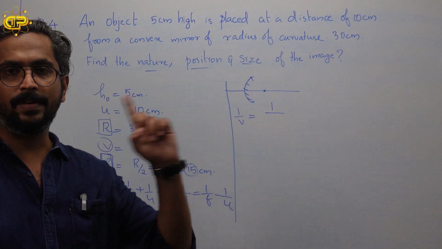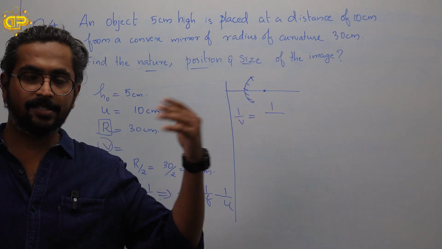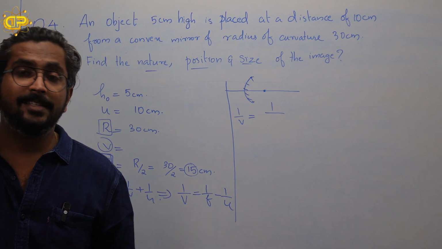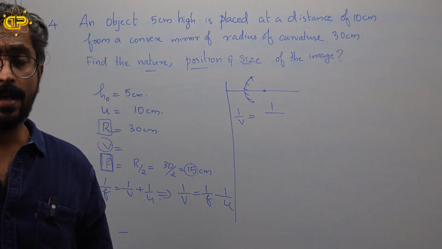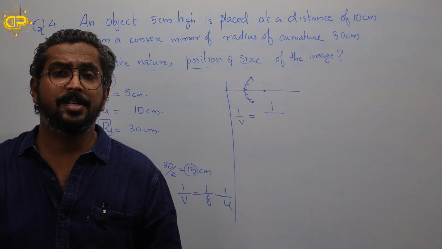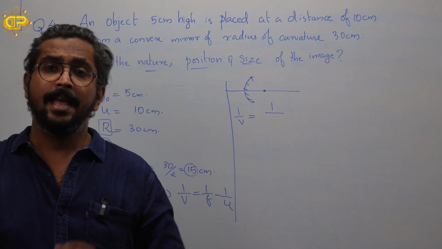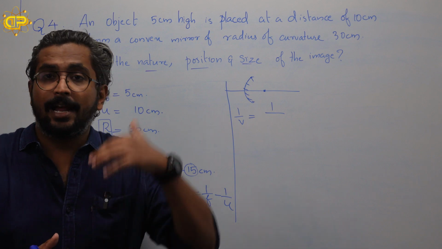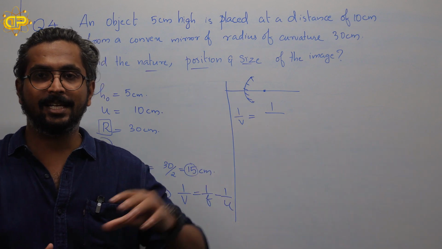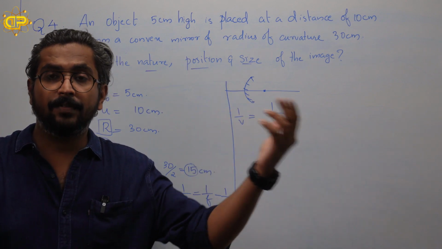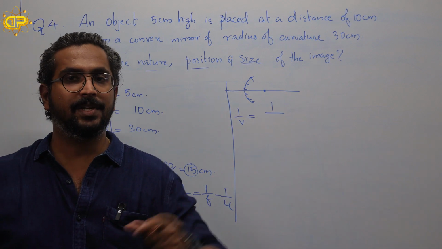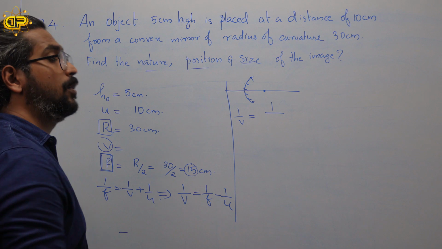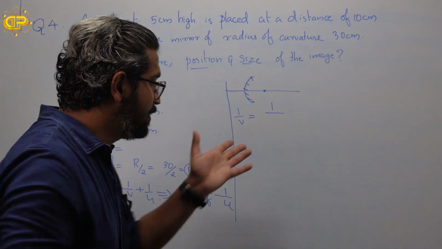Just go through the videos which I had taken for these mirrors, both the concave and convex mirror, the image formation by convex and concave mirror, and see what are the different things given there, and how we found this positive sign, negative sign, and go through the videos of the sign convention. I will pin it somewhere here and you can go through that video.